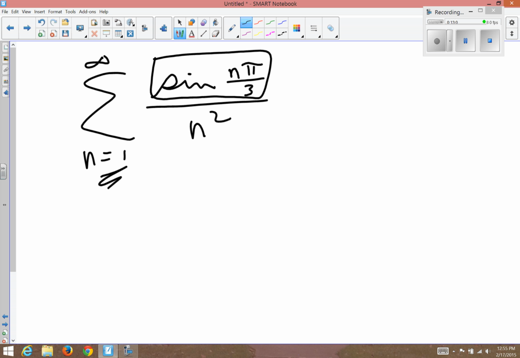So think about some trigonometry. The sine of 1 pi over 3 is a positive number. When n is 2, the sine of 2 pi over 3 will be a negative number, and so on. So the signs will alternate.